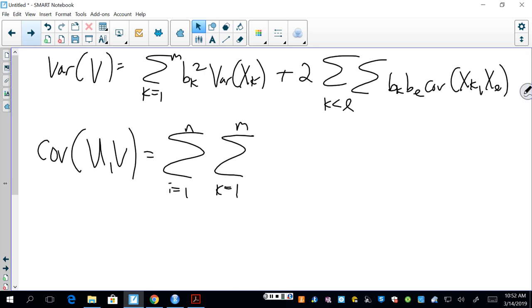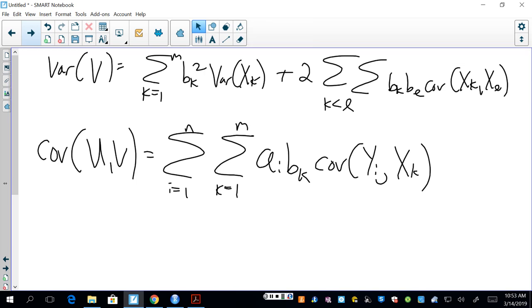And so you end up with a sub i, b sub k, a covariance between each of these possible different pairs. So those are the big formulas that do apply at some time. We're going to look at more specific formulas, special cases of this, where we can see what's going on.